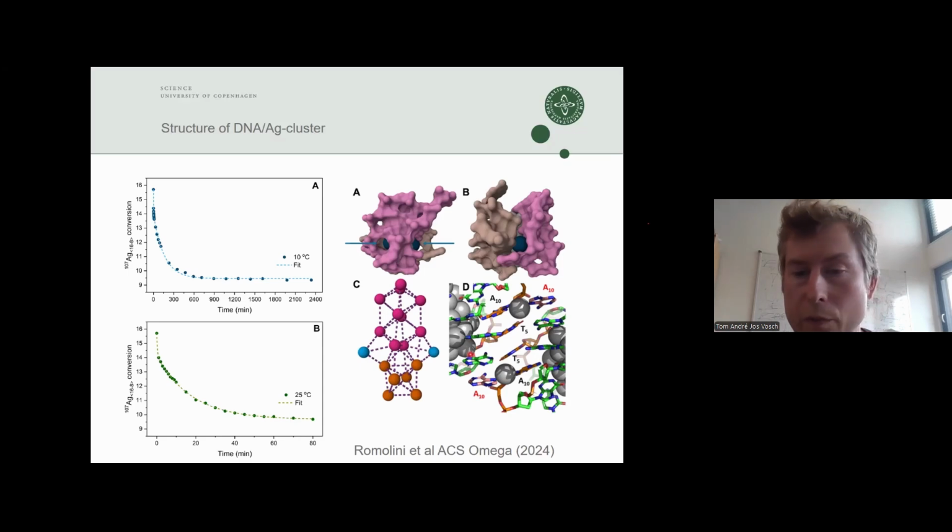So maybe they can form transient dimers in solution, and when they dimerize in solution, maybe at that time point they can also exchange atoms with each other. But understanding this might be an interesting avenue to look into in the future.